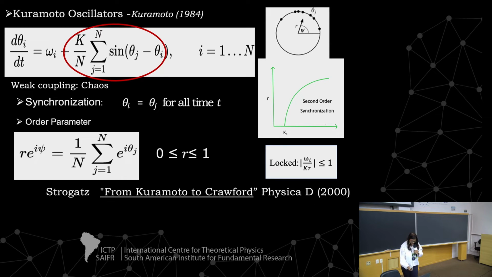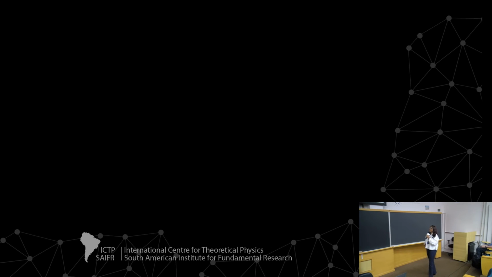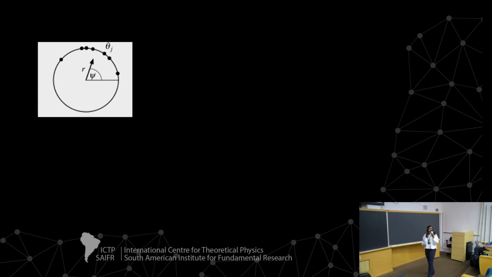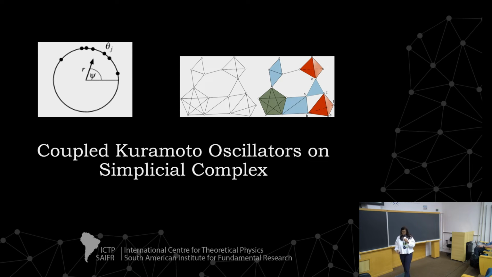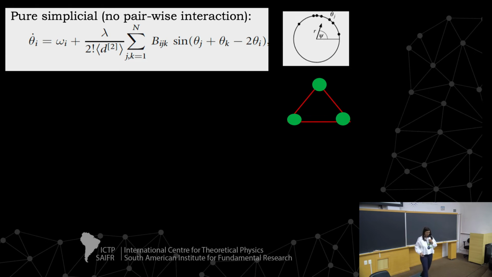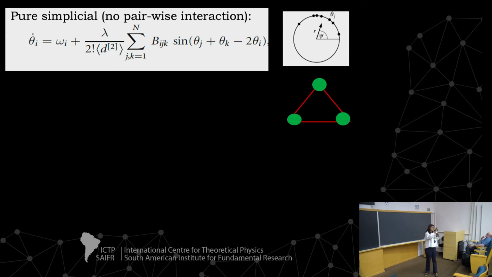Now what happens when we have higher order interactions? So you have phase oscillator, Kuramoto oscillator, same. And what I do, I combine this thing with the higher order interactions. Instead of pairwise, I take higher order interactions. So couple Kuramoto oscillators on simplicial complex. And this is one of the examples of how one can incorporate that higher order interaction. There can be several ways to incorporate this higher order interactions.